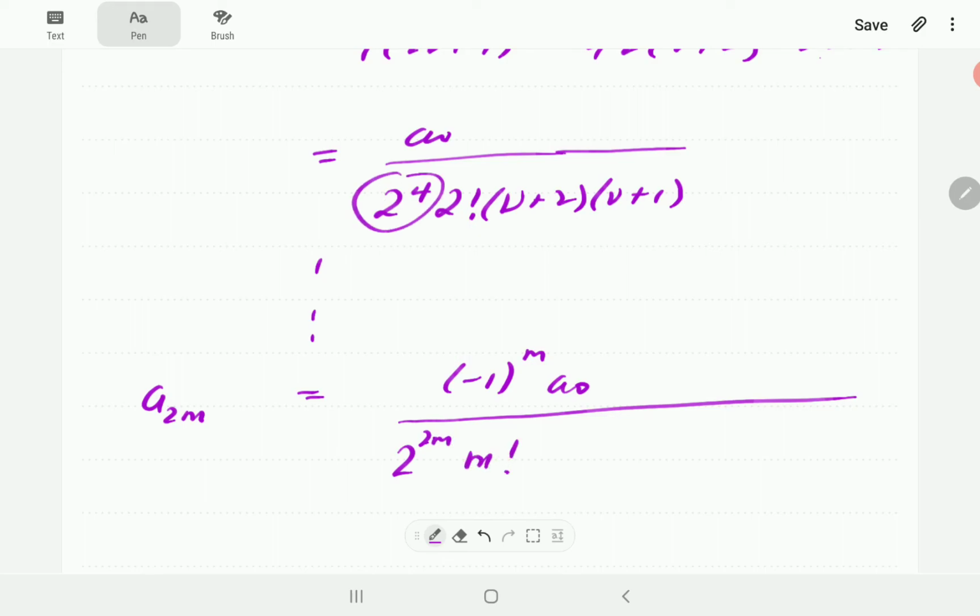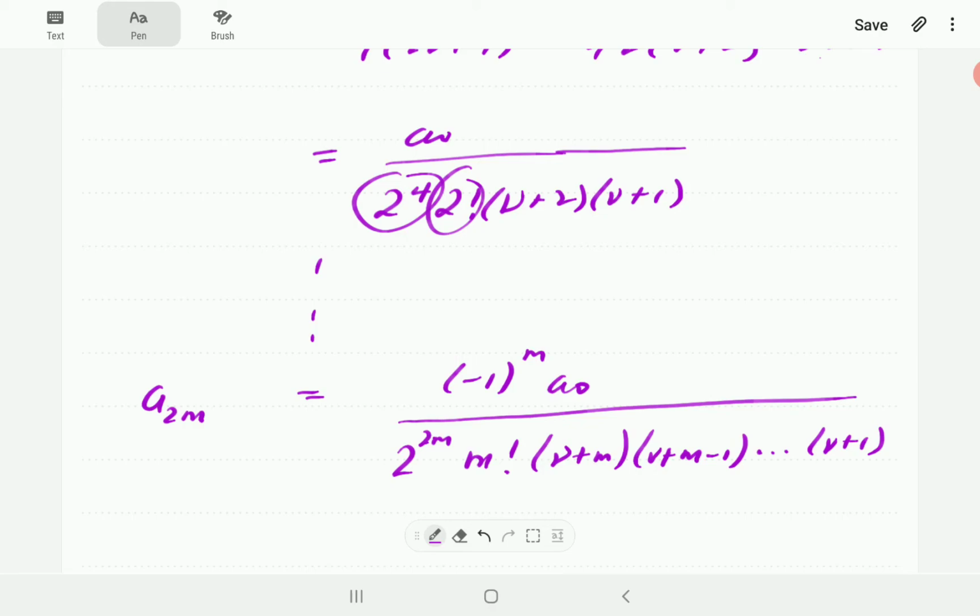Then we're going to have m factorial, just like this term. And then we're going to have nu plus m minus 1 all the way down to nu plus 1.